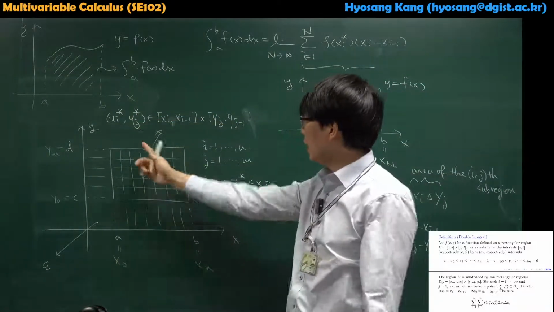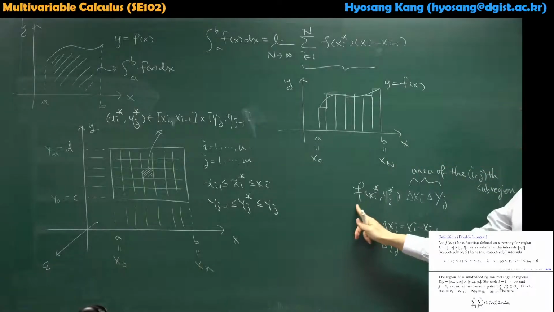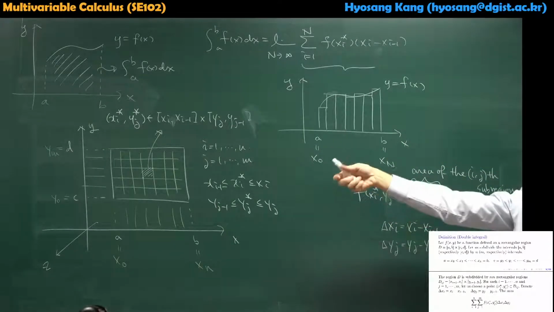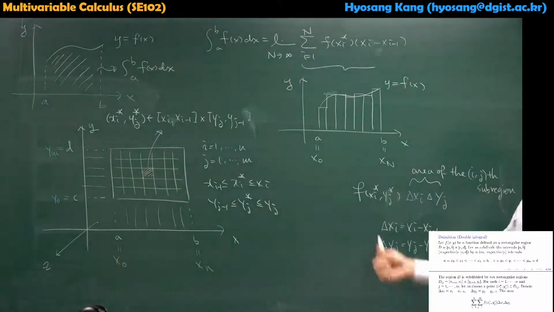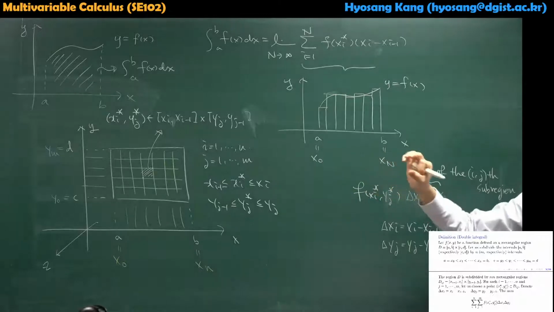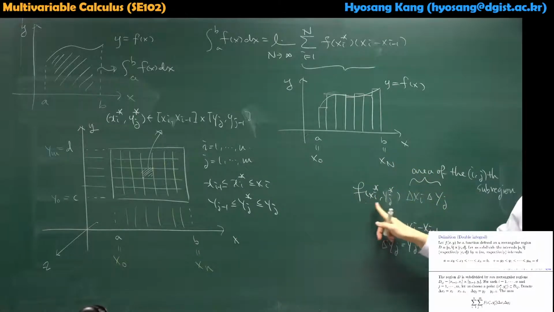So what I take as the function value is actually the height of the rectangular, three-dimensional rectangular part, and this gives the volume of that rectangular region, right?